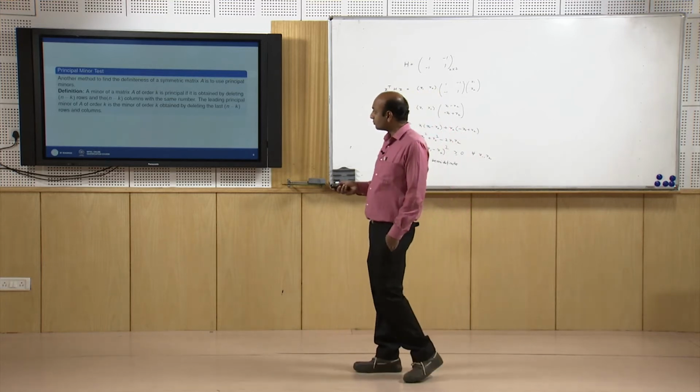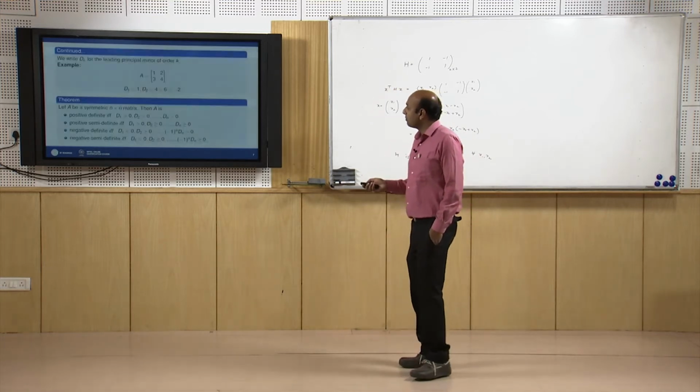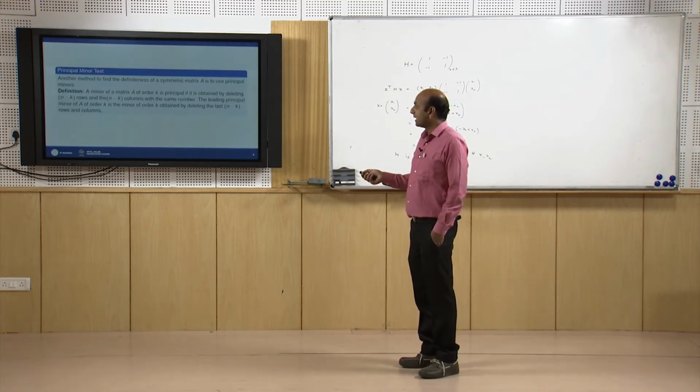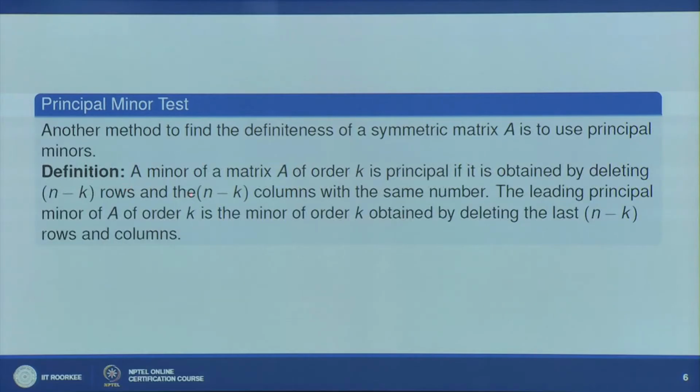Okay. So, a minor of matrix A of order k is called a principal minor if it is obtained by deleting n minus k rows and n minus k columns. You delete n minus k rows and n minus k columns from an n cross n matrix, and you get a matrix of order k cross k.